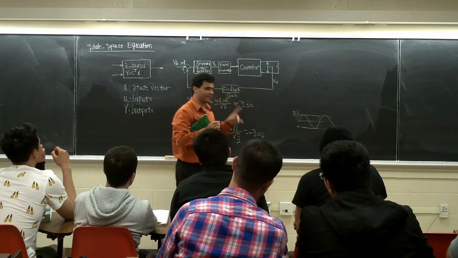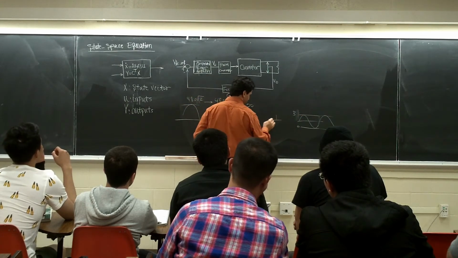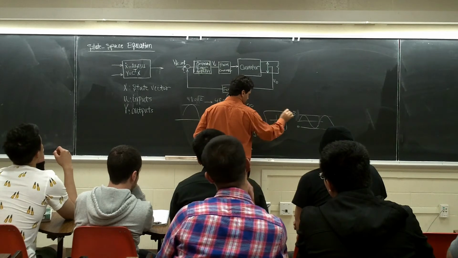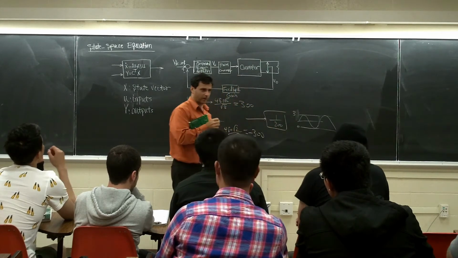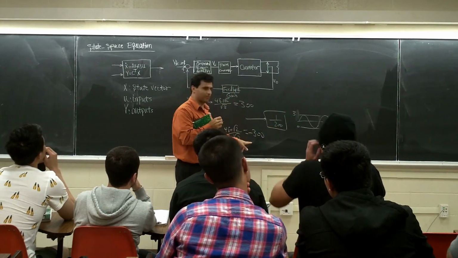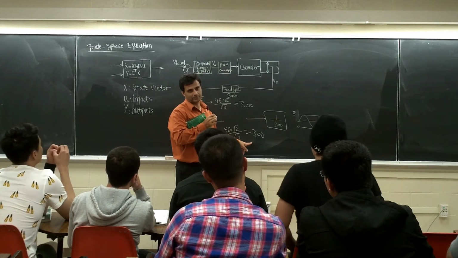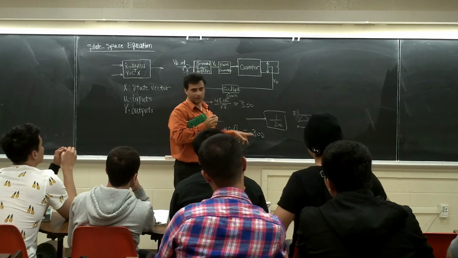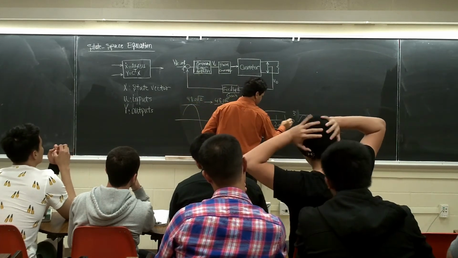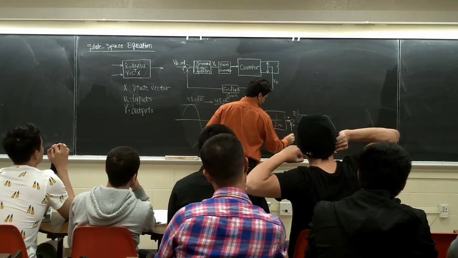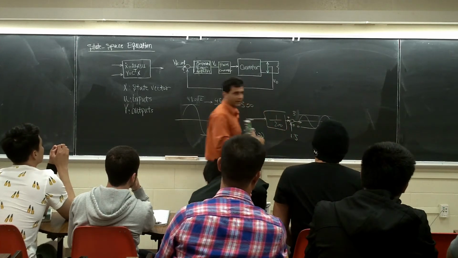So I should have a gain of 1 over 200. That's the first thing. I should multiply this signal by this one. If I do this, it's going to be 1.5 to minus 1.5, right? Still not good. You need an offset. You put a 1.5 here, and you do it this way.